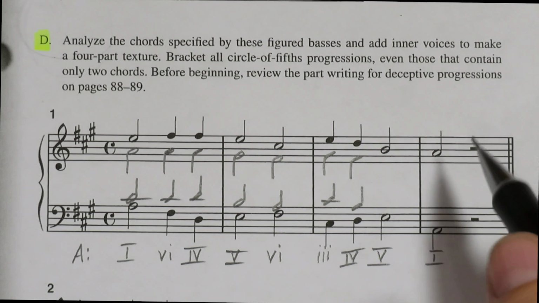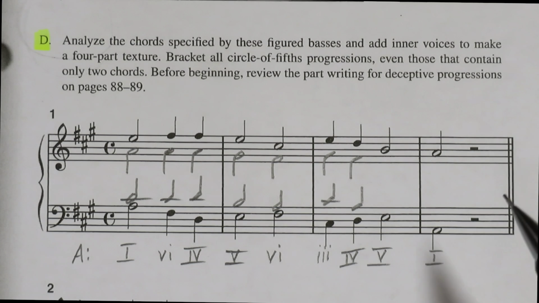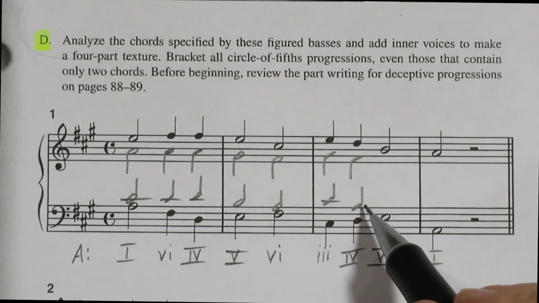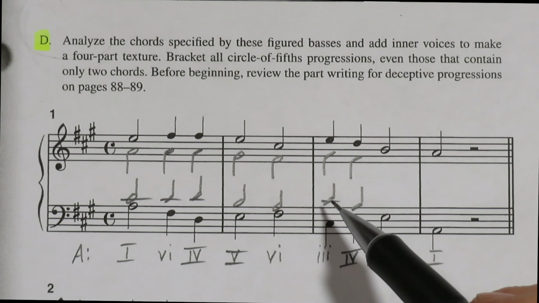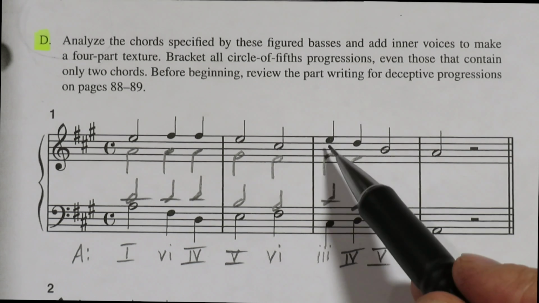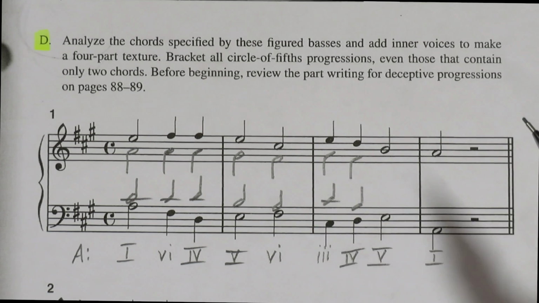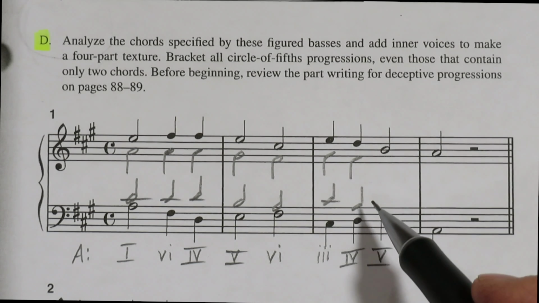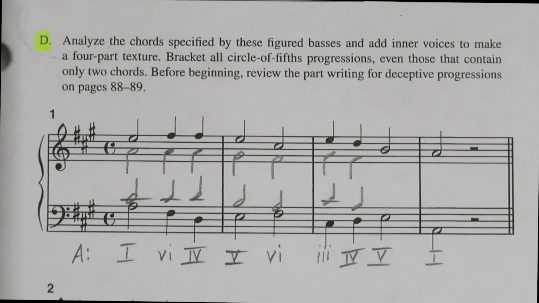Okay. So we're moving in parallel sixths there, that's fine. We have an octave, moving to a fifth. Very good. Let me see anything else. C sharp to G sharp is a perfect fifth. That A to F sharp is a major sixth, so we're good.